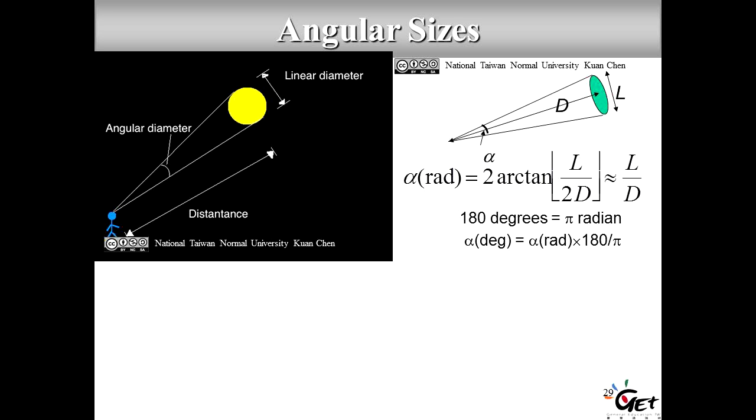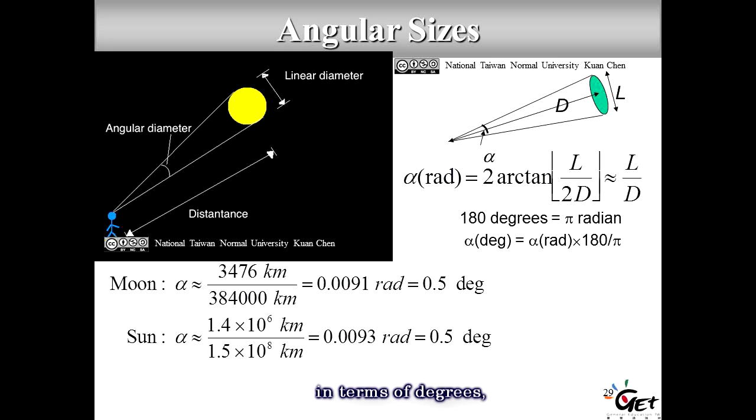So remember, pi radians corresponds to 180 degrees. So alpha in degrees is alpha in radians times 180 divided by pi. So if we measure this angle for the Moon in degrees, the average size of the Moon is 3,476 kilometers.